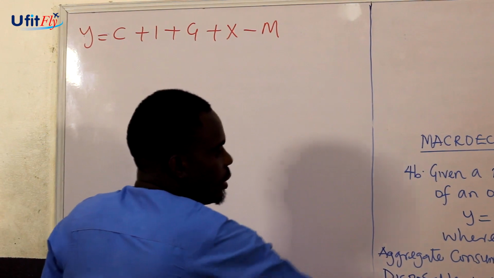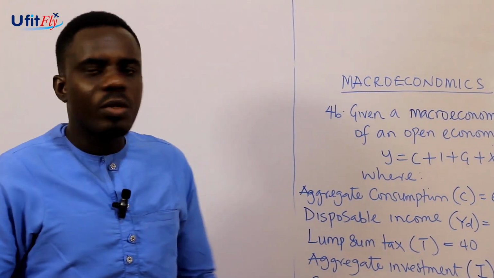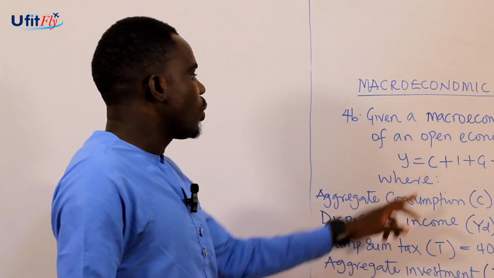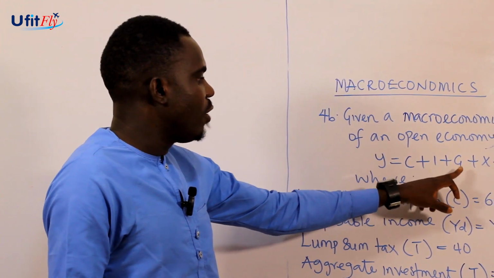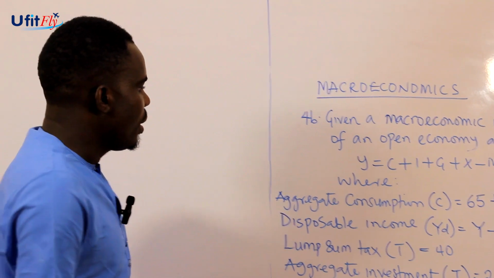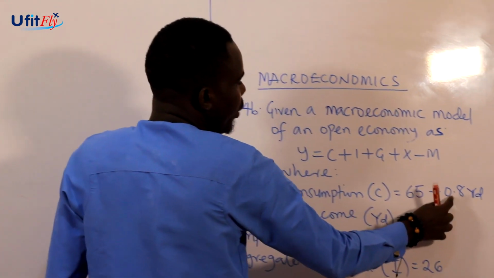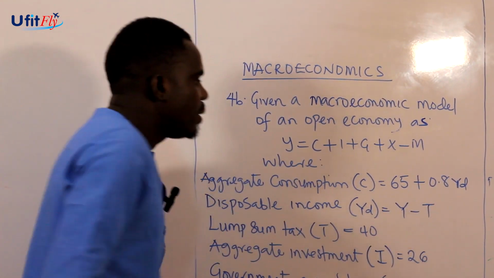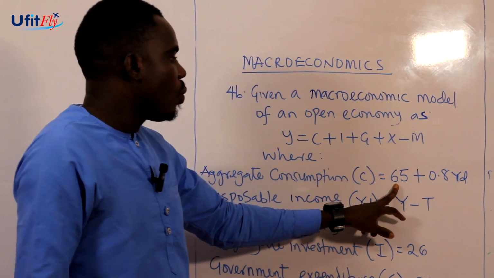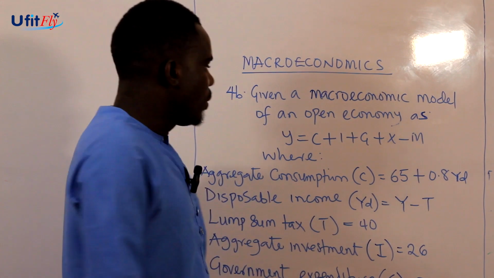As mentioned before, macroeconomics deals with aggregate economic decisions. It covers decisions on consumption, investment, government expenditure, export, and import. From the illustration, consumption is 65 plus 0.8 YD. 65 represents autonomous consumption, while 0.8 represents marginal propensity to consume.